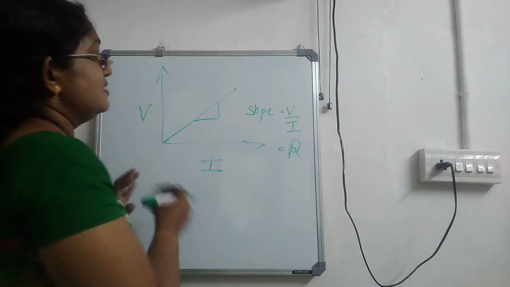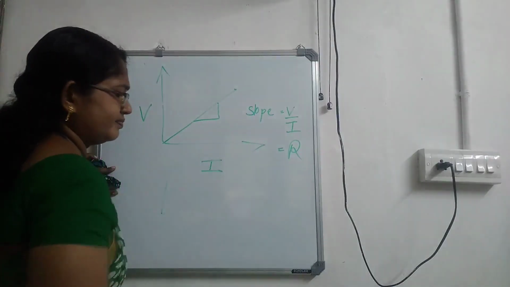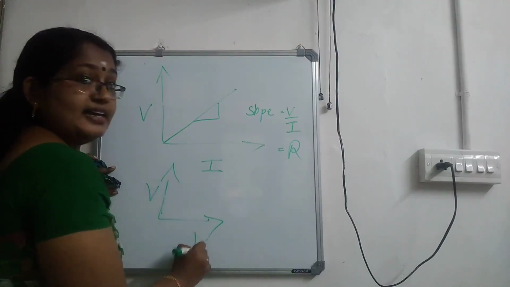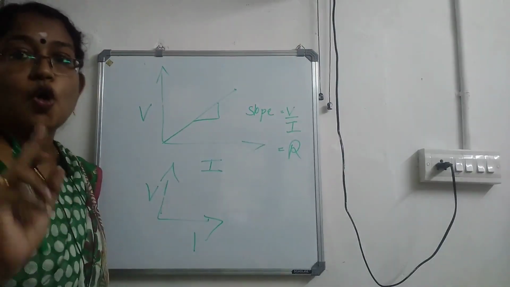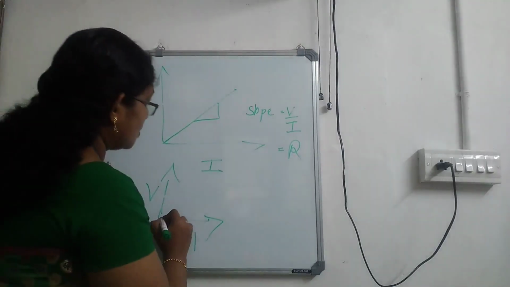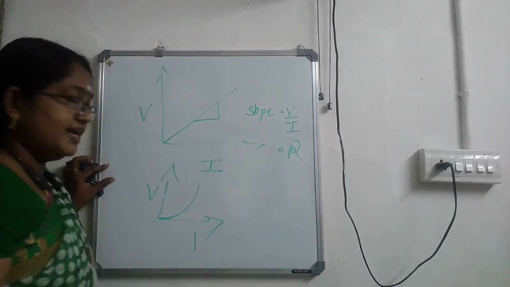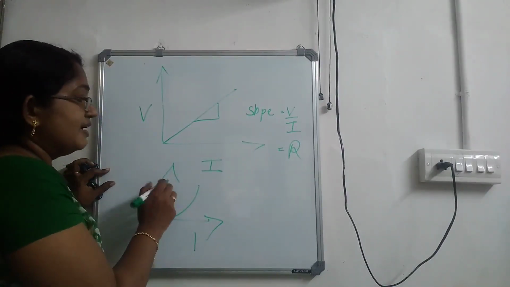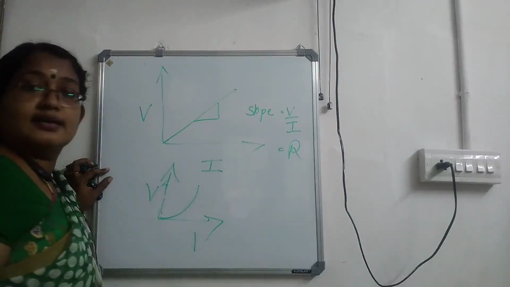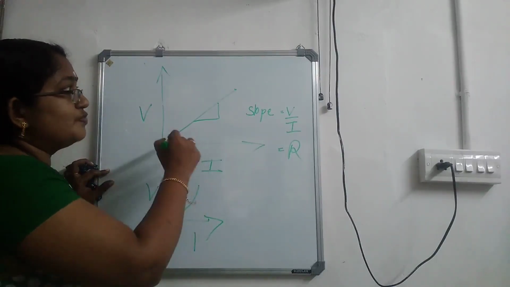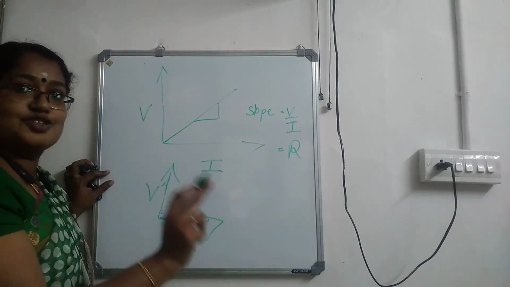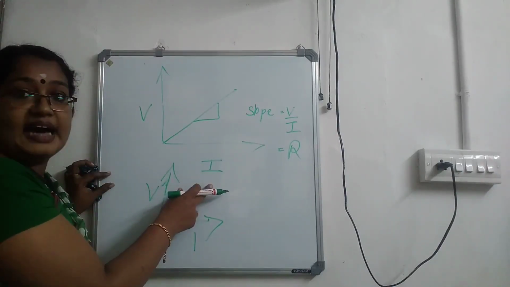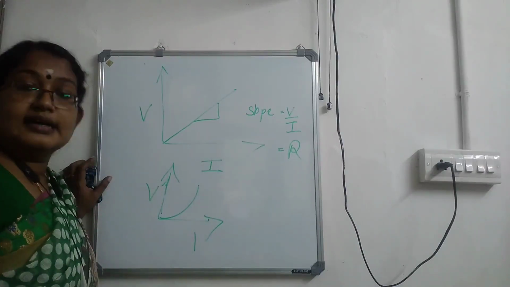So in that case, if we draw the VI graph, in the case of non-ohmic conductors, it won't be a straight line, it will be a curve. For non-ohmic resistors, V won't be proportional to I. So we'll be getting a curve.